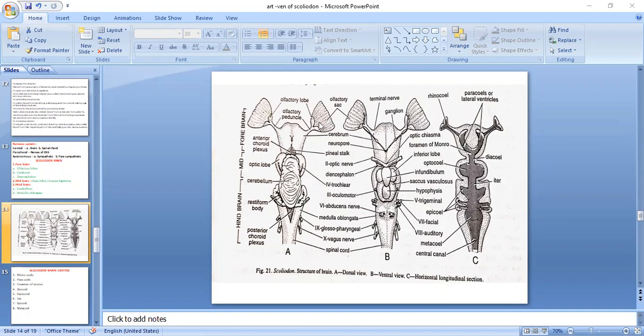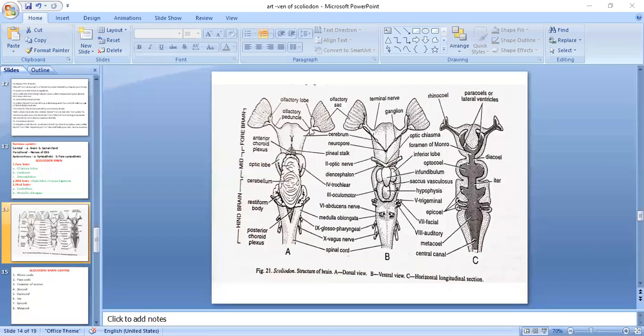So here, this one is part of the brain, this is part of the external nares or nasal cavity. So this is the olfactory lobe. The olfactory lobe is attached to the olfactory sac, which is a sensory organ, not part of the brain.